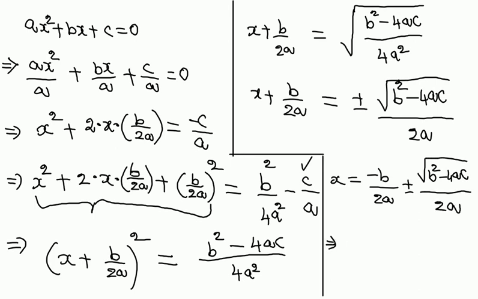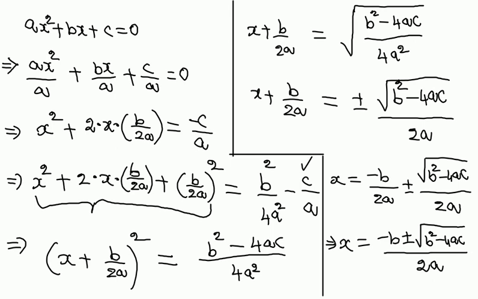That implies x is equal to minus b plus or minus square root of b square minus 4ac whole divided by 2a. So these are the two roots of that quadratic equation.